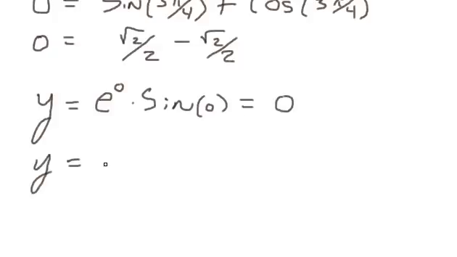And then we plug in e to the pi, and sine of pi, and the sine of pi is also going to end up being 0. So as you can see, we're going to have a minimum at 0, and a maximum is going to occur at 3 pi fourths.